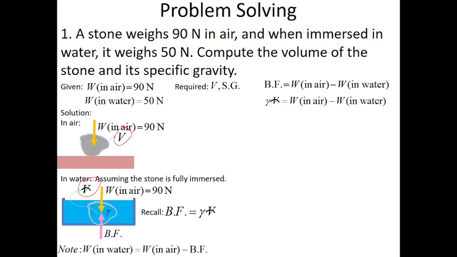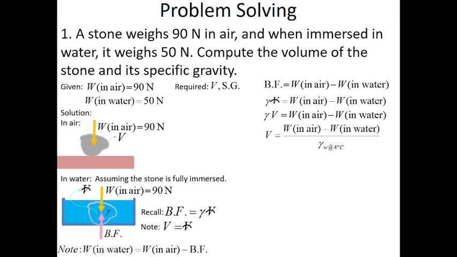Are they the same? Yes, they are the same. When it is submerged, did the volume change? No. It is still the volume of the stone. Fully immersed, so whatever the original volume is, that is also its volume when lowered, because it is fully immersed. So in that case, we can conclude that the volume of the stone in air is also equal to the volume of the stone in water. So this is now the revised equation.